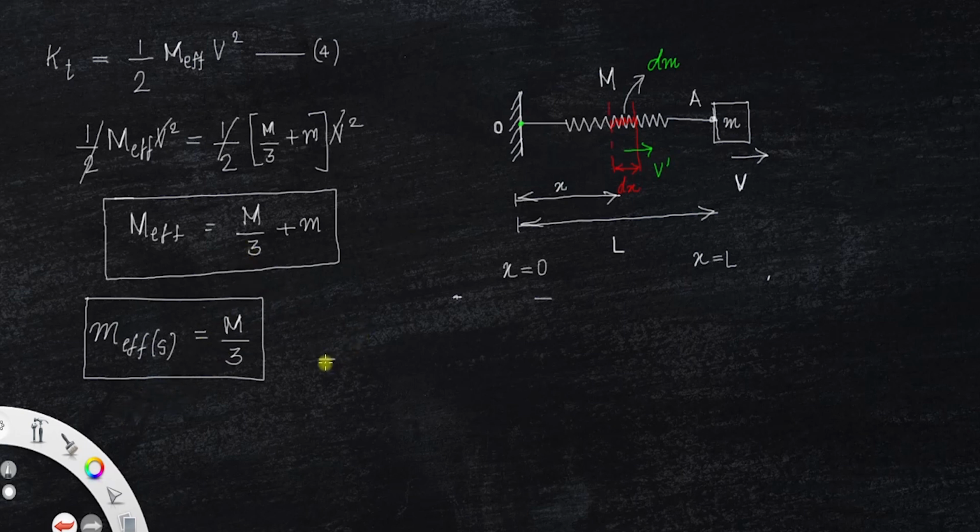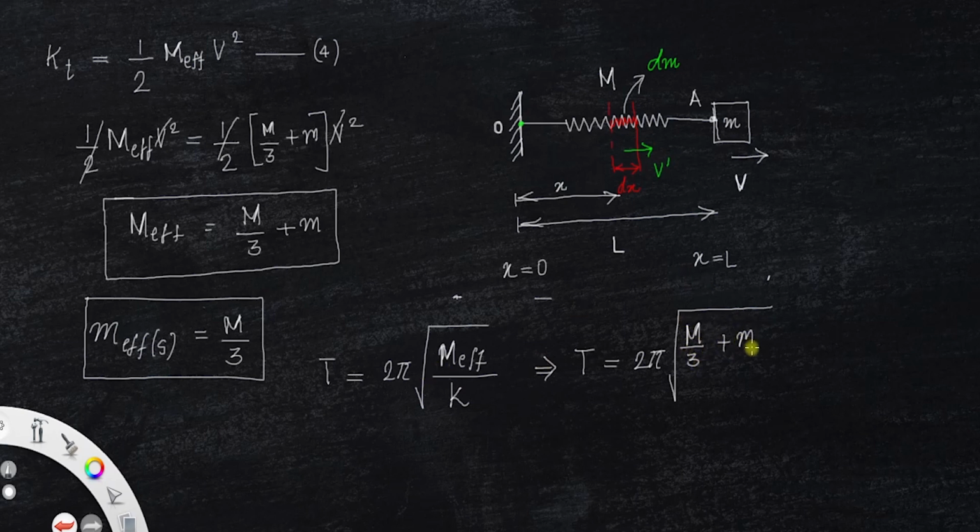Now we know the expression for the time period T is equal to 2 pi root of effective mass of the system divided by k, the spring constant. So we have the time period T is equal to 2 pi root of, effective mass here, m by 3 plus m, divided by k. So this is the expression for the time period of oscillation of a mass which is attached to a spring having mass capital M. Clear?